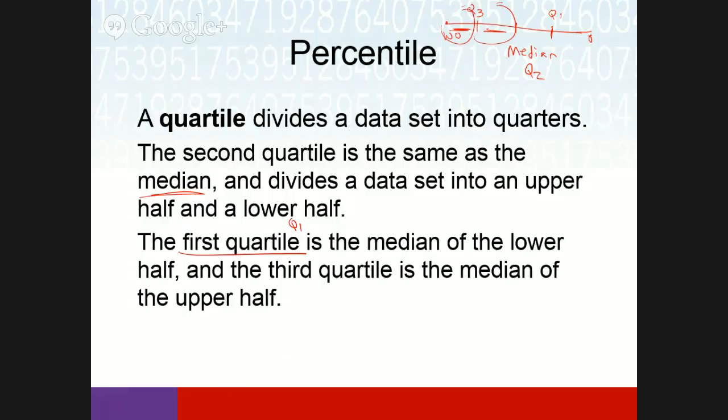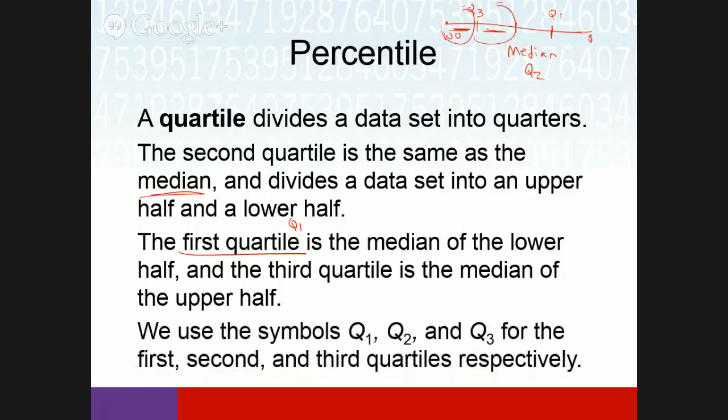It cuts the number of data points in half. So if I have a lot of really high scores, I can have a high median. If I don't have very many low scores, these numbers can be shifted. We use the symbols Q1, Q2, and Q3 for the first, second, and third quartiles respectively.